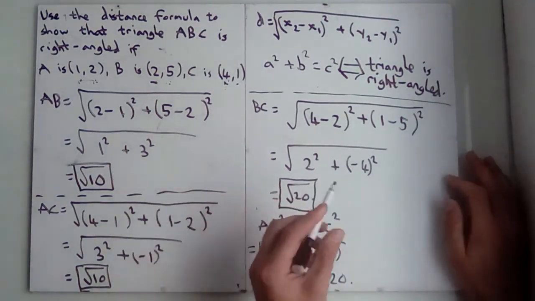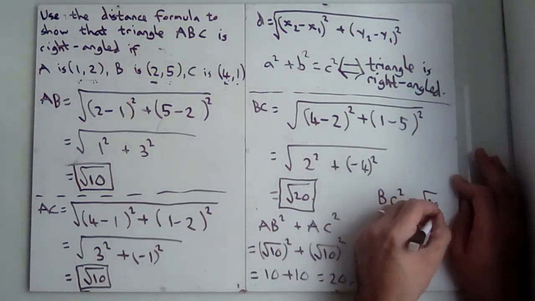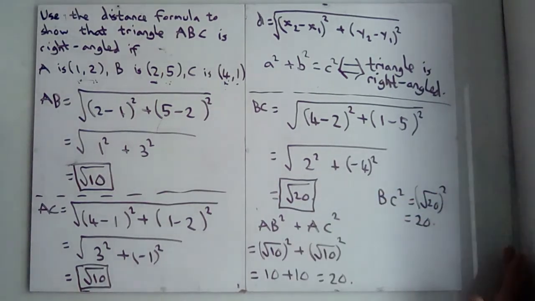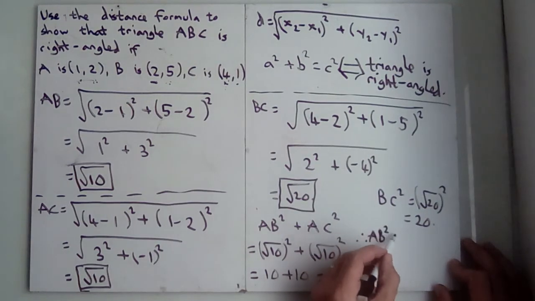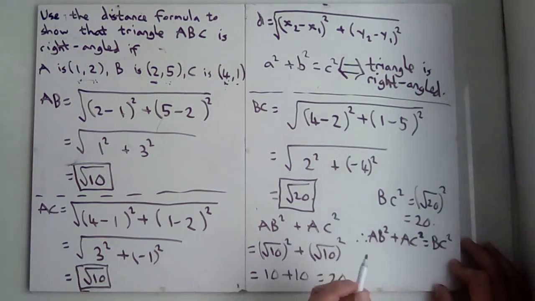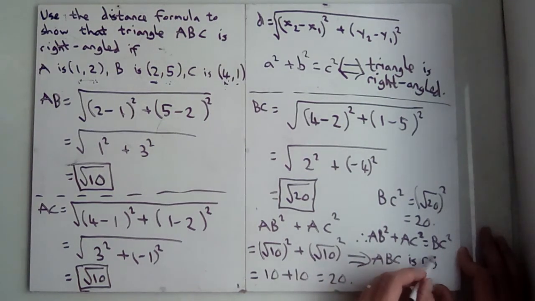BC squared is just root 20 squared, which also equals 20. So therefore, AB squared plus AC squared equals BC squared, which tells us ABC is right angled.